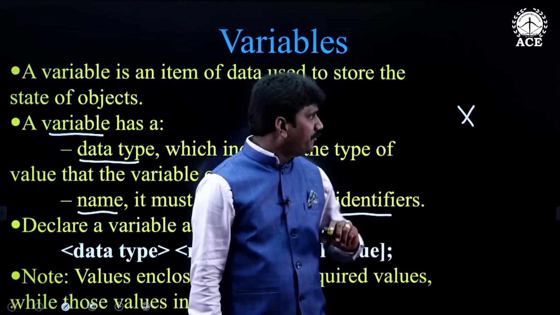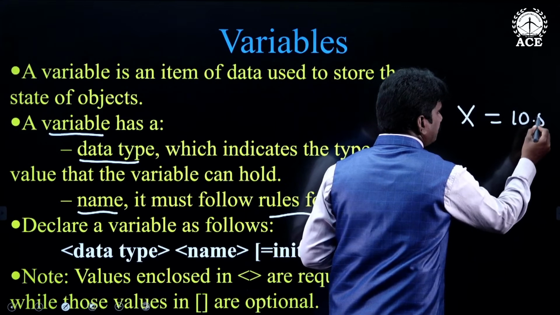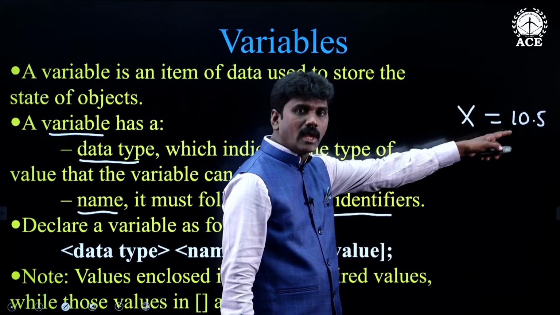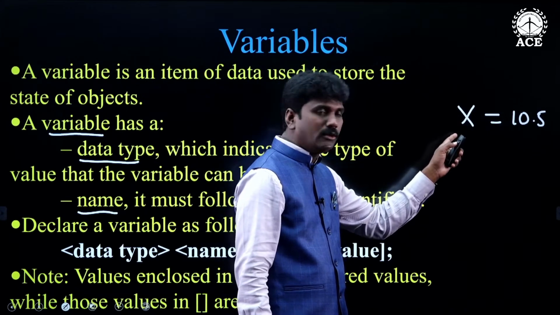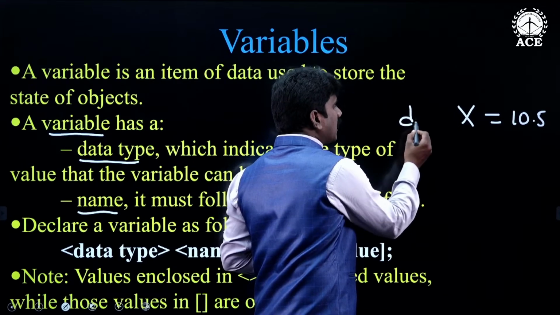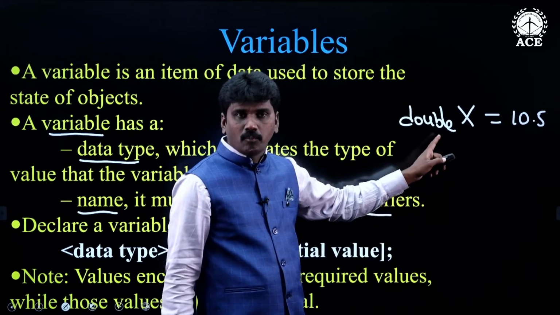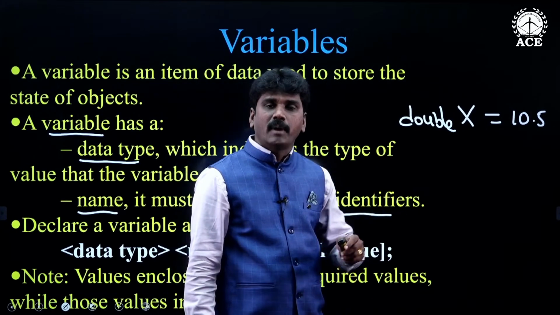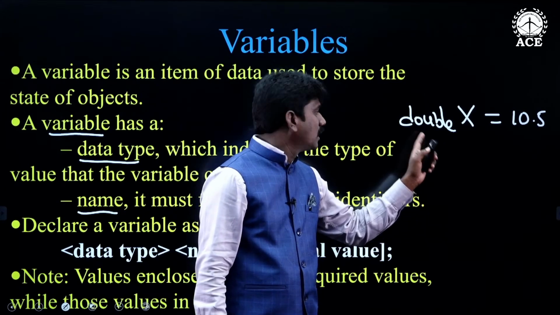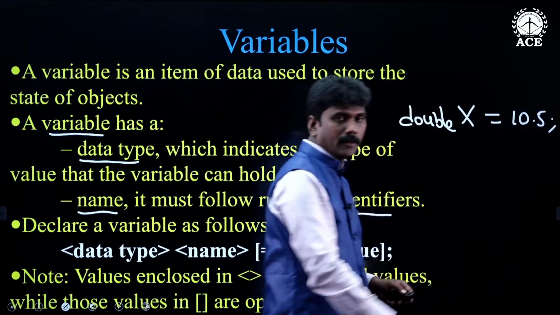For example, if I would like to store the value 10.5 in it, my intention is to assign the value 10.5 to x in Java. Which data type we have to use is either double or float. The most preferable one, or by default the floating point data type, is double. So: double space x is equal to 10.5 semicolon.